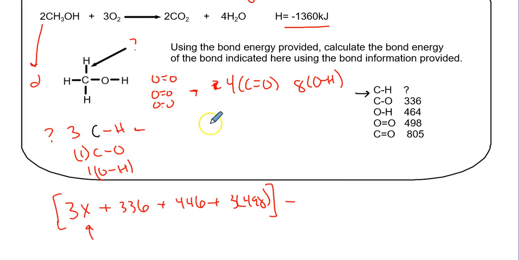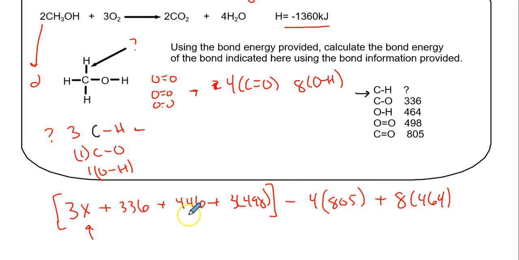So it's going to be, all right, product-wise here, we got 4 C double O bonds, 805, plus 8 of the OH bonds, 464.